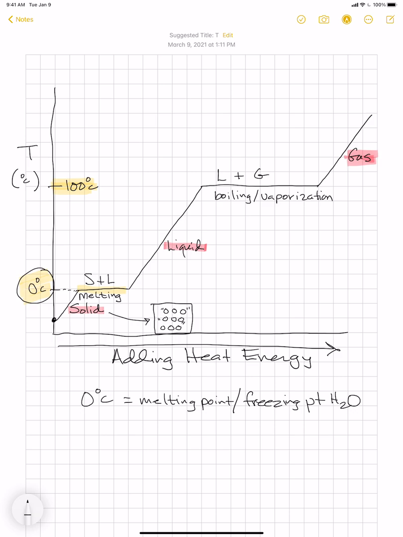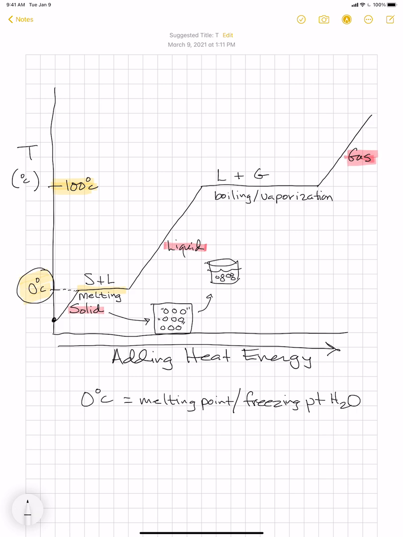And eventually they're going to have enough energy to break the intermolecular forces, and now those molecules are sliding over each other. So they're going to form a liquid. We see that when the molecules are still touching each other, but they're able to slide and move over each other. That would be in the liquid state.